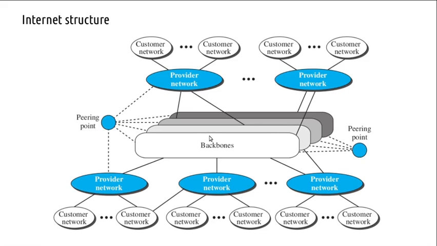There are tier 1, tier 2 and tier 3 players, all of them ISPs providing internet service. We get internet service from a provider that is either a tier 2 or a tier 3 operator. And there are peering points for the backbones as well as service providers to exchange traffic among them.